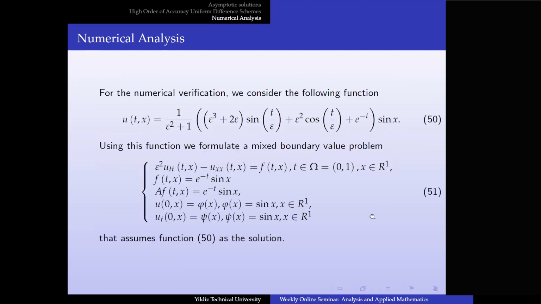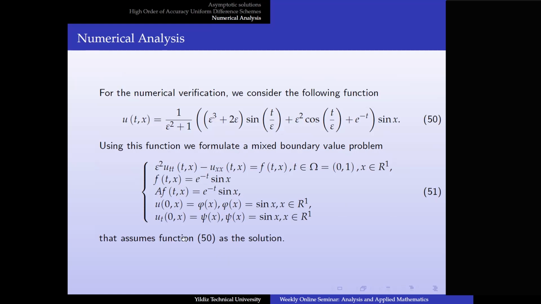So we formulate a problem 51, but for this problem 51, we assume the function 50 be the solution of the problem 51. And first we consider the function 50, and then using this function 50, we formulate a mixed boundary value problem 51.